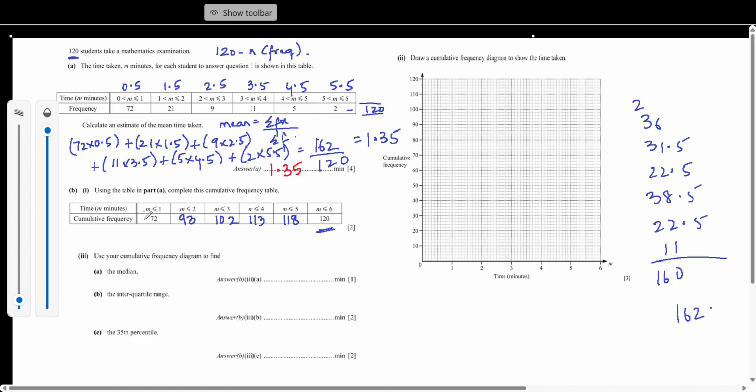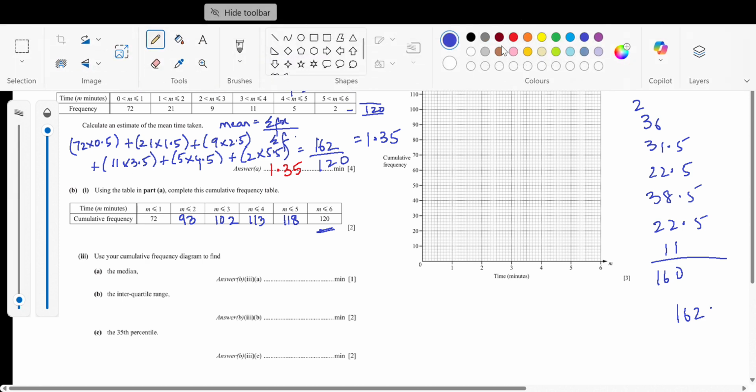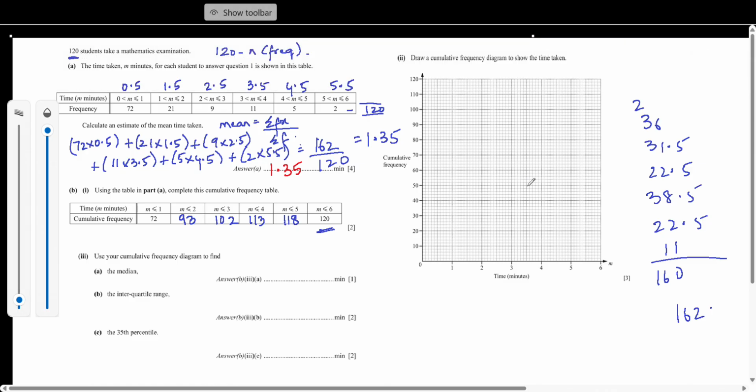Next comes actually the graph, that is part 2, and the question that follows I've put here. Now let us plot the cumulative frequency graph. To plot, again we need a single value. For calculating the mean we took the midpoint, but to plot we always take the upper interval.